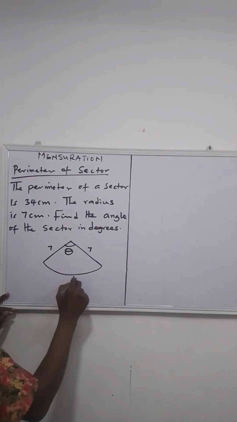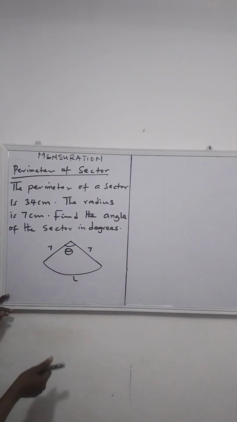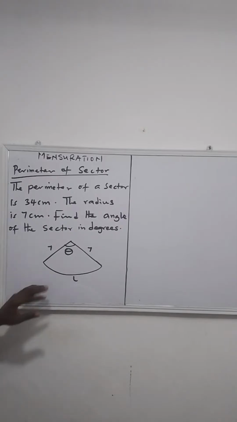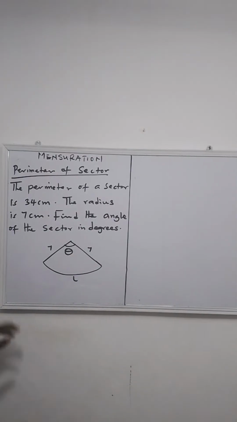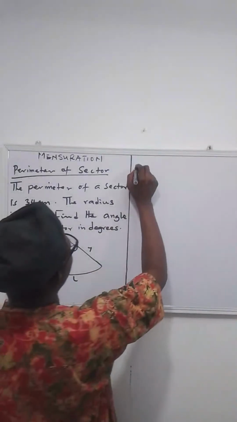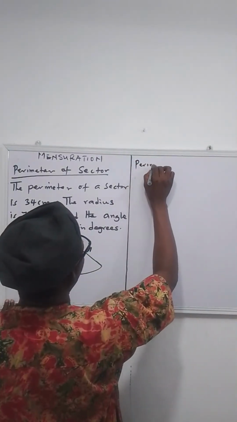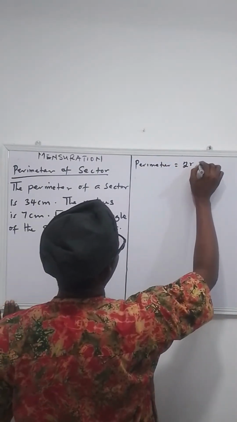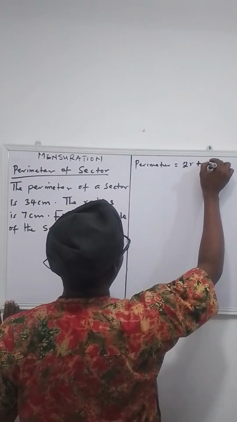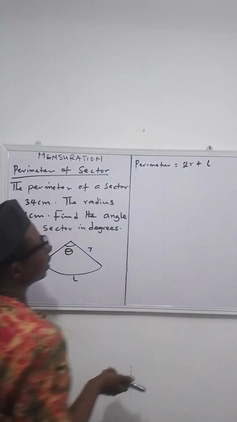The length of arc is this. We don't even know that yet. And the question asks us to find this angle here. So we don't need to stress ourselves too much because we know that perimeter equals 2 radii plus length of an arc.